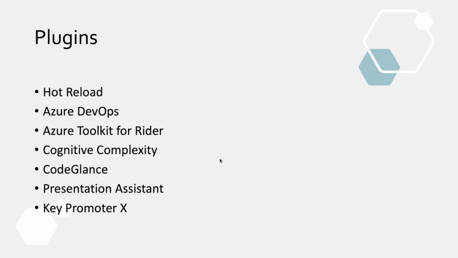And then I've got these other two add-ins for Presentation Assistant and Key Promoter X. Presentation Assistant is that green bar that you saw down below that shows which keyboard shortcuts I'm using, and then Key Promoter X gives you some tips when you're using the UI. It tells you, hey, you could do this with a keyboard shortcut. It shows you the keyboard shortcut, which is very handy if you're trying to work mouse free.